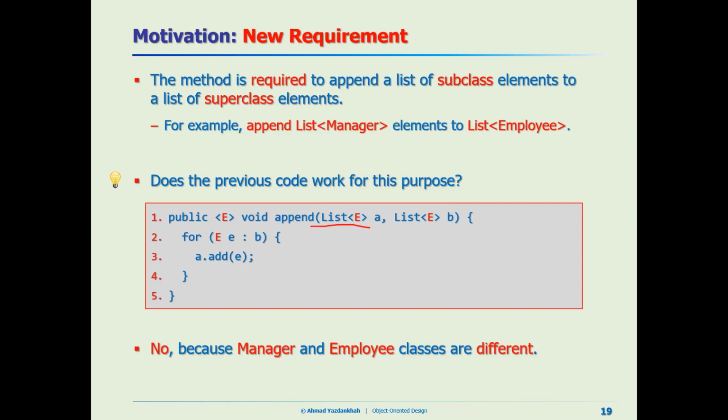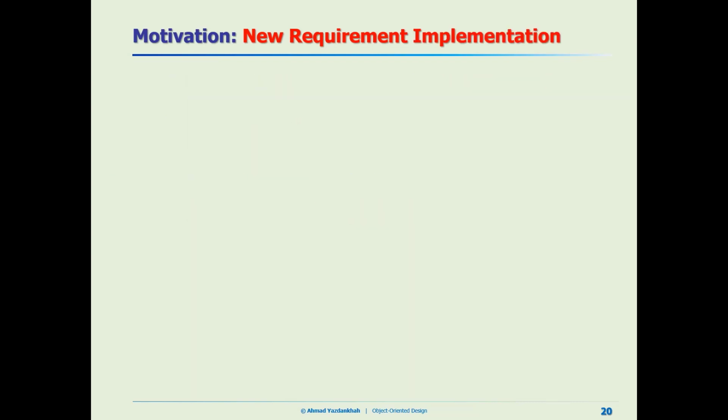The method is saying that I expect to have E and I expect the same type here, but they are not the same type. And the method doesn't know anything about the polymorphic relationship so far, right? So definitely the answer would be no.